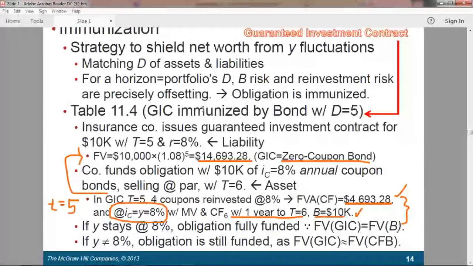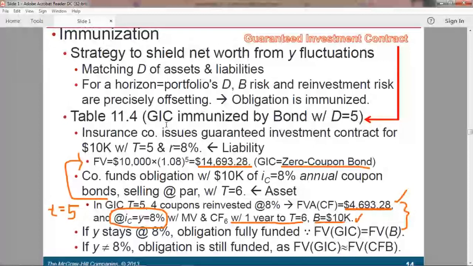And I will show you what it means shortly. So table 11.4, GIC immunized by bond with duration of 5 years. GIC means guaranteed investment contract. Okay, table 11.4.